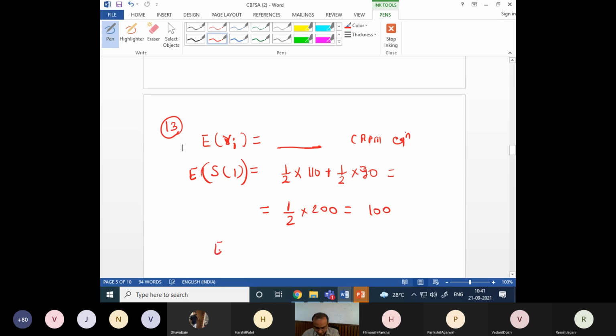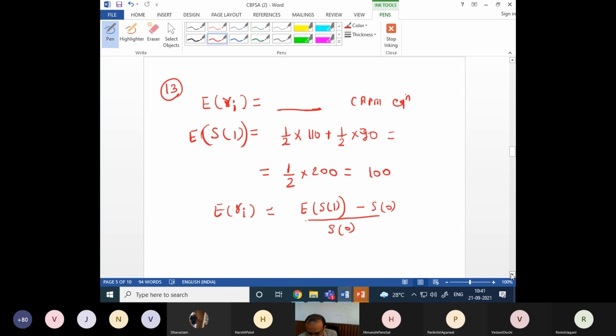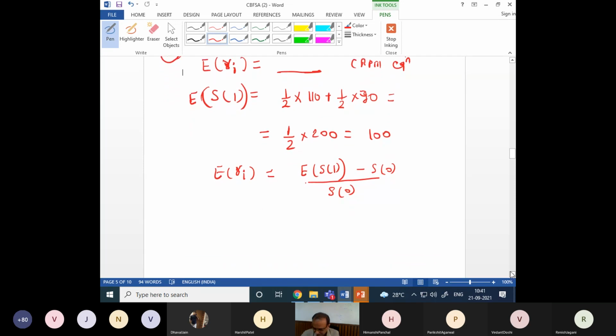Now E of Ri I have calculated from the CAPM equation. It is the expected value of S1 minus S0, which is unknown, divided by S0, as a fraction. Now E of S1 is known and E of Ri is known, so you can find this S0 value easily, today's stock price. So this can be calculated.